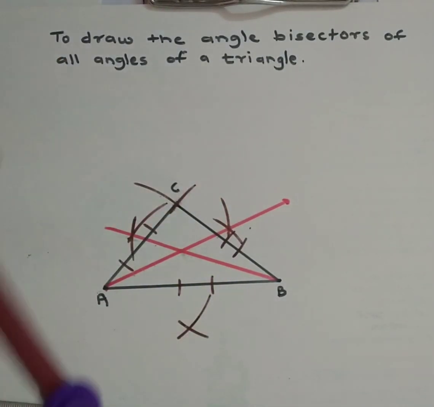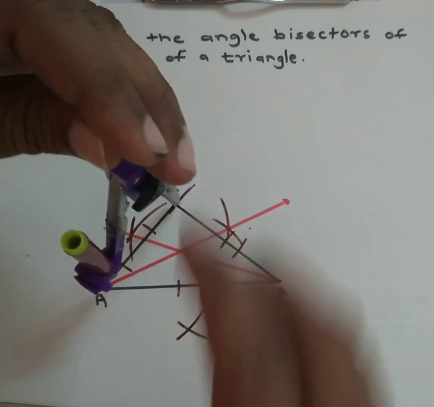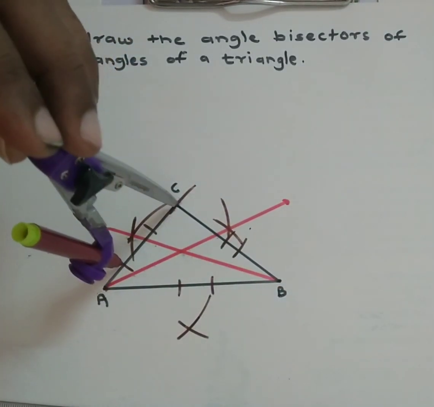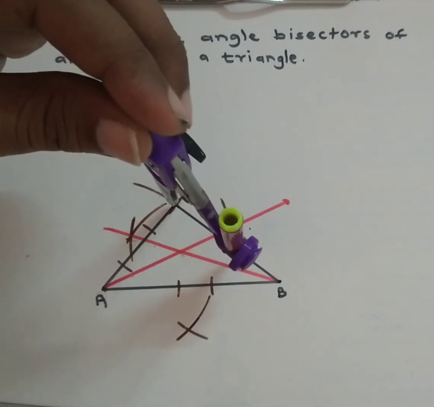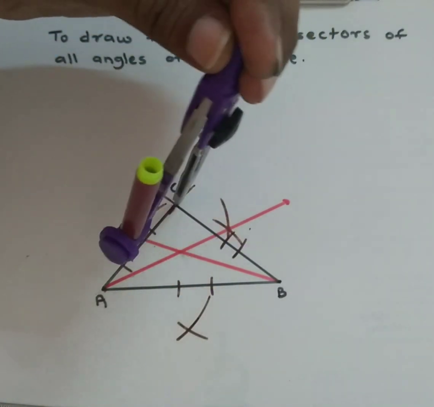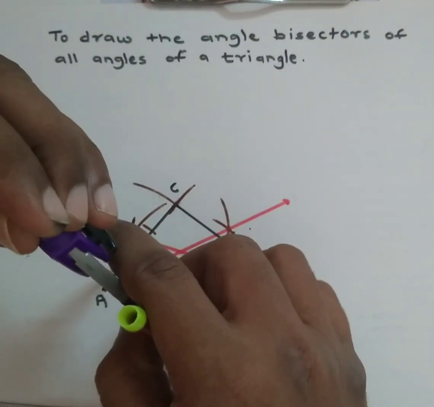Okay, so again I will show how to draw the bisector of angle C. First of all, place the pointer at point C, then draw two arcs 1, 2 on the sides of angle C. Then draw two more arcs from the newly obtained arcs.